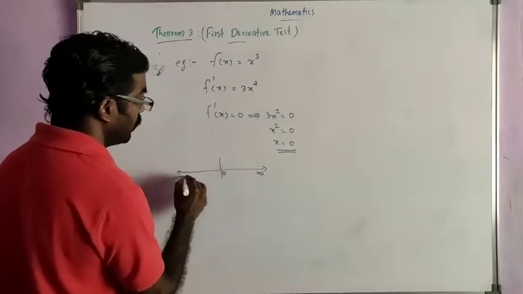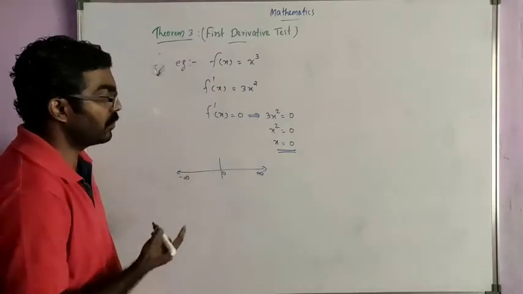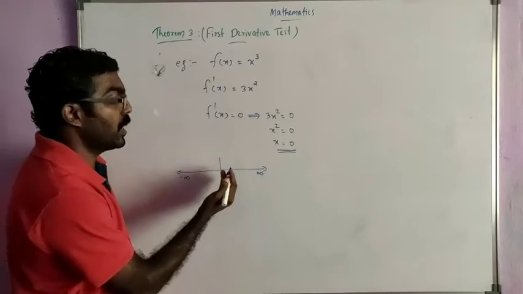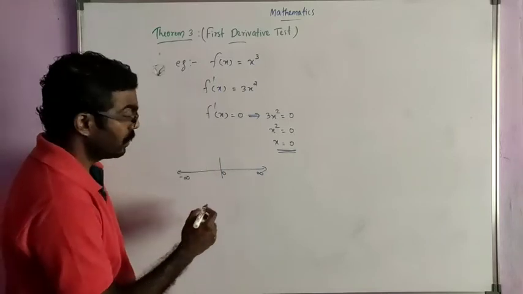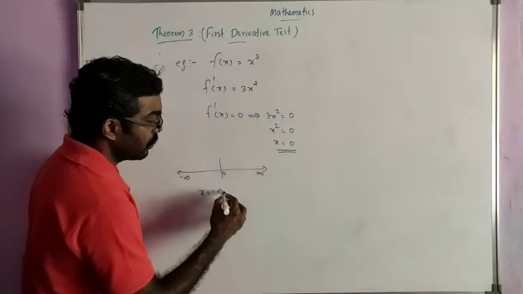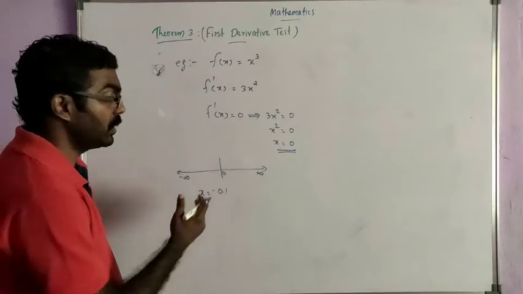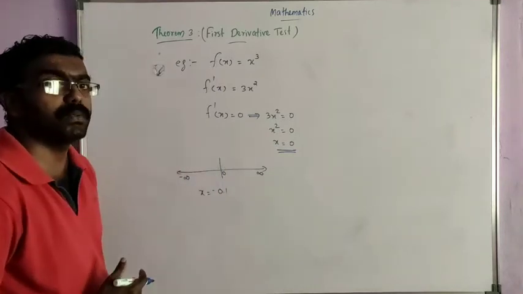0, infinity, minus infinity. Okay, here also we can take one point which is sufficiently close to and to the left of 0. So x is equal to, let it be minus 0.1. You can take any number which is very close to and to the left of 0.